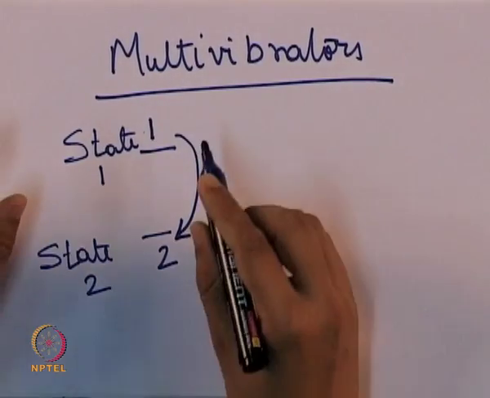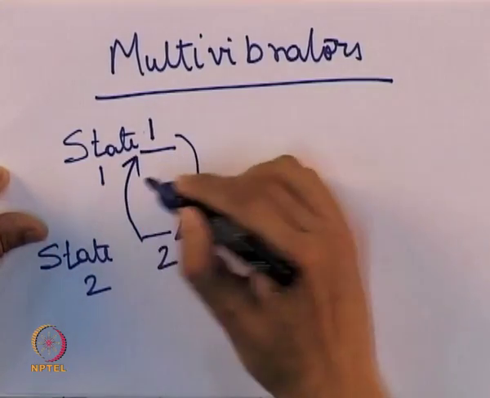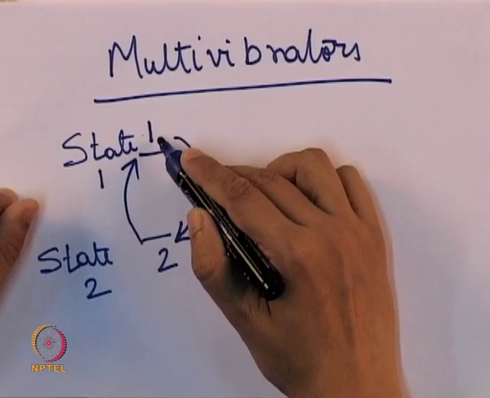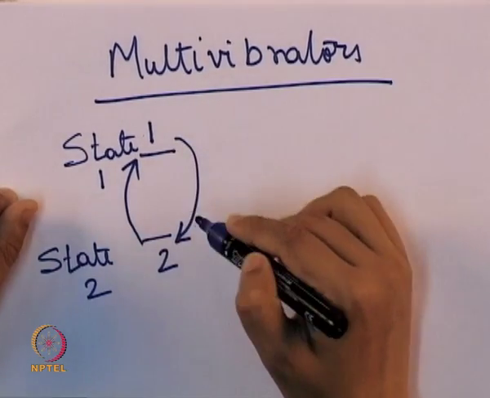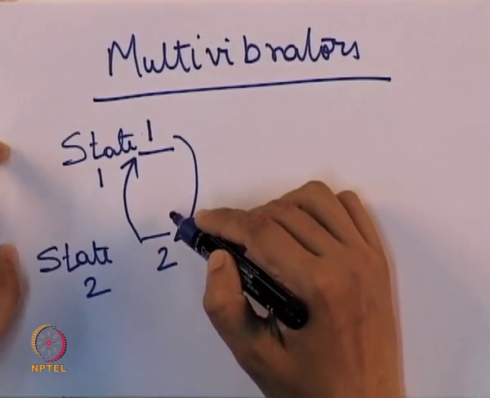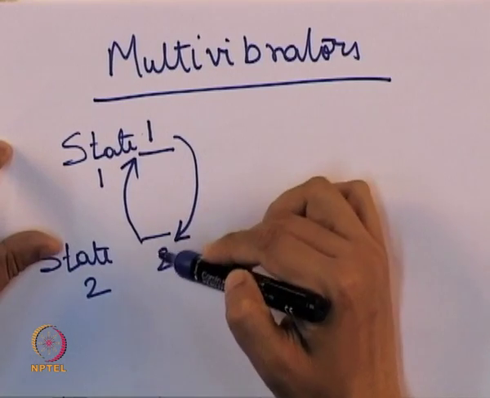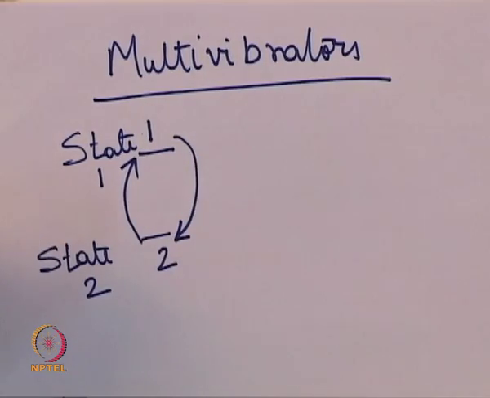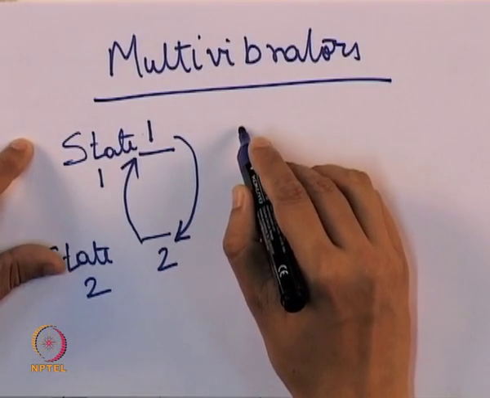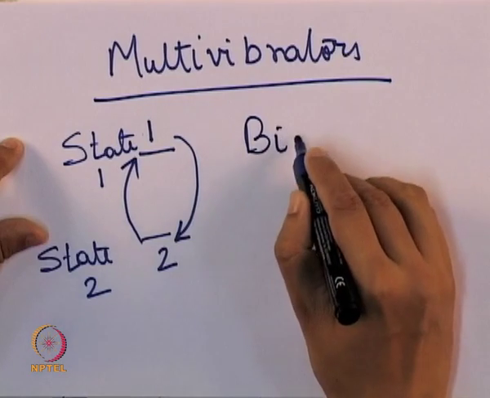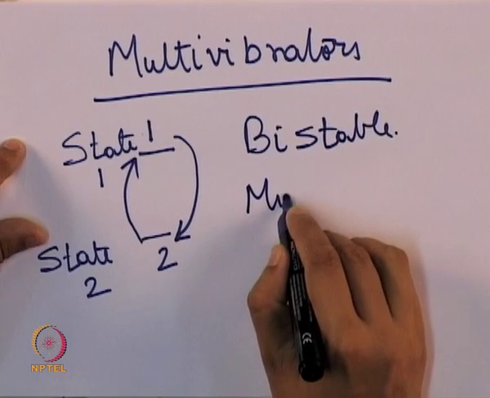So such a circuit where both states are stable and I have to actually apply some stimulus to change from one state to another, and the change from one state to another is same for both states. That is, for changing from state 1 to state 2 also I have to apply a stimulus, and from state 2 to state 1 also I have to apply a stimulus. Such a type of circuit is known as a bistable multivibrator.